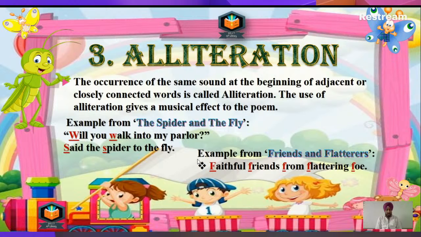Will you walk into my parlor? Said the spider to the fly. In this line also we have a repetition of the same sound. The same sound S is repeated two times in this line. Said the spider. S sound is there at the beginning of the words. This is the condition for alliteration.